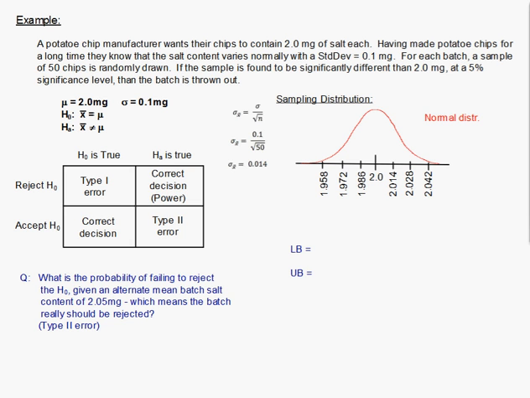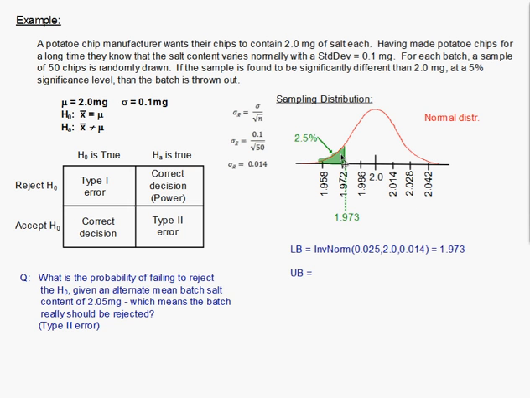What we can do now is find the lower and upper bounds for our 5% significance level, because that's going to define when we reject and when we fail to reject. Of course, for our lower bound, we have 5%, it's 2 tail, so the area is going to be 0.025, 2.5%, which is going to equal that.